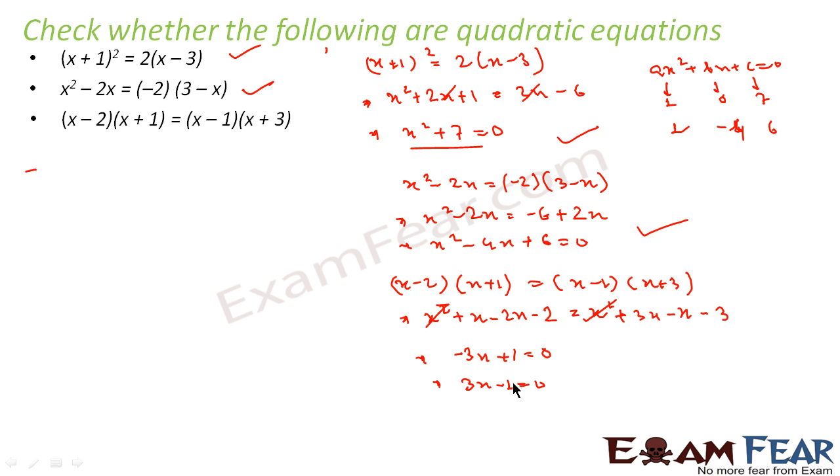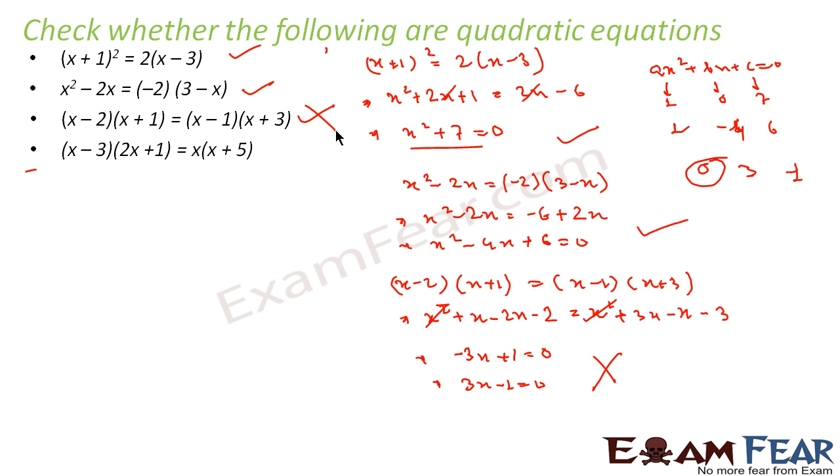Anyway, both are correct. So if you see in this equation, a is 0, b is 3 and c is minus 1. Now since a is 0, this is not a quadratic equation. The rule says the quadratic equation is of the form ax square plus bx plus c is equal to 0, where a should not be equal to 0. So here a is equal to 0, that means this is not a quadratic equation.